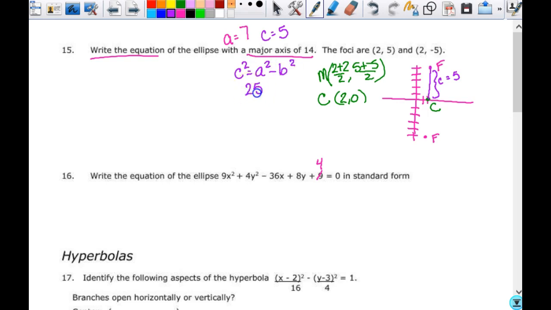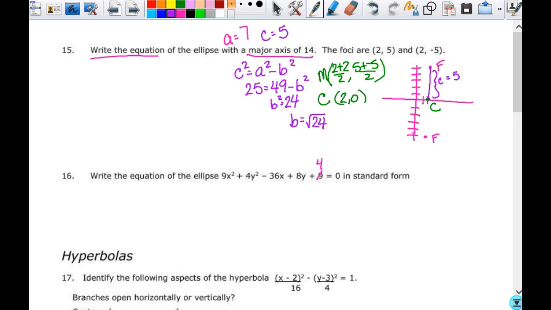So that means 25 is equal to 49 minus B squared. So B squared equals 24, and B is the square root of 24. And I don't need to simplify that, because in my equation I use B squared anyway, and I'm not actually graphing it. If I was actually graphing it, I'd want to simplify it or figure out my estimate, but I'm not doing that. I just need my equation.